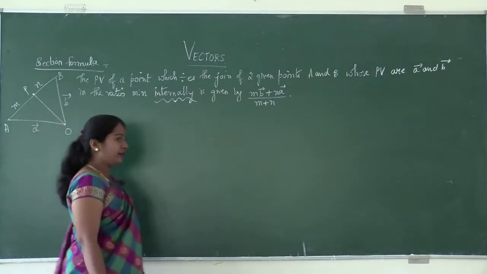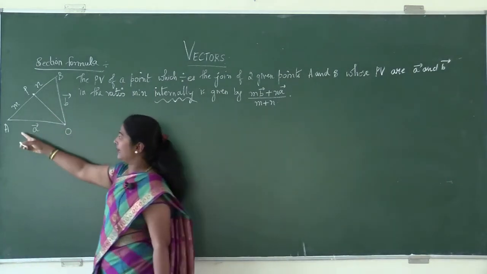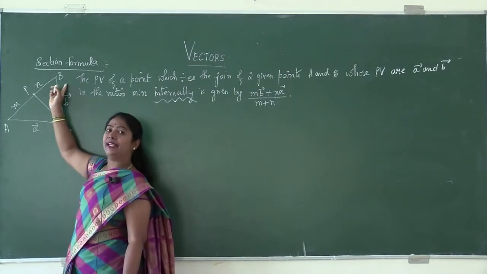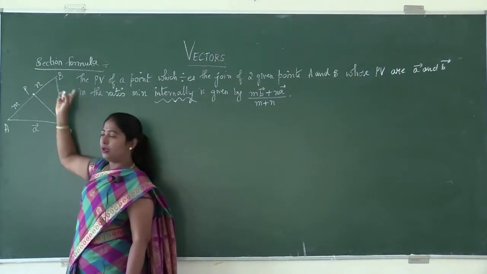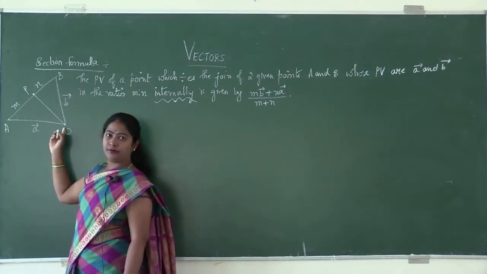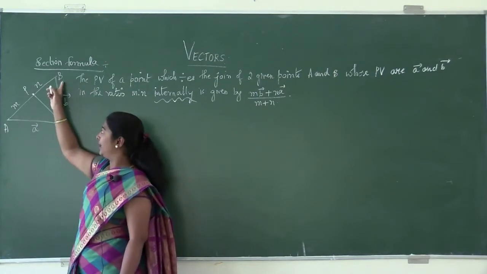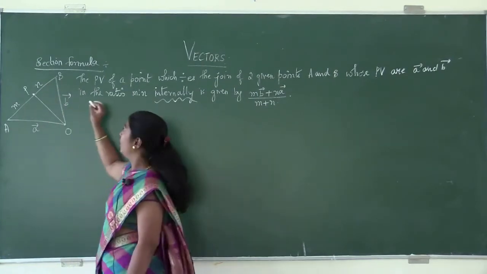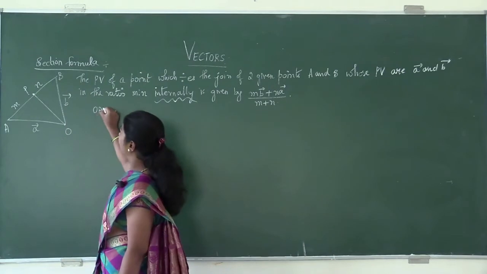Observe the diagram here. Let A and B be any 2 points, and O be the origin. Join OA, OB and AB. What is vector OA given by?